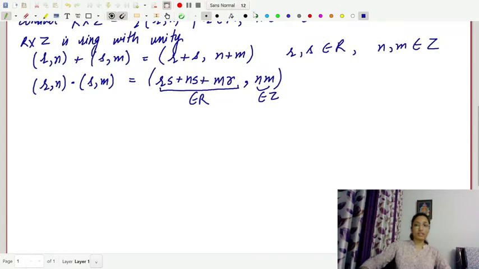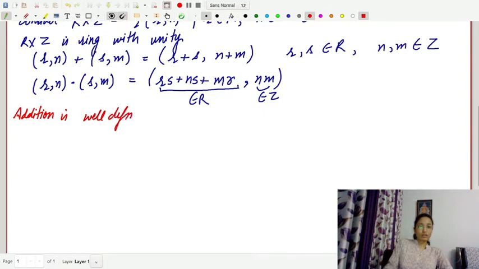Now let us see how it is well defined. Addition is well defined is easy to show, so I will show you that multiplication is well defined.